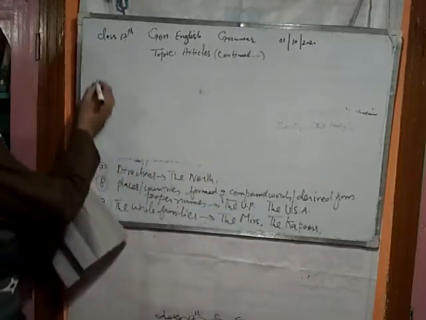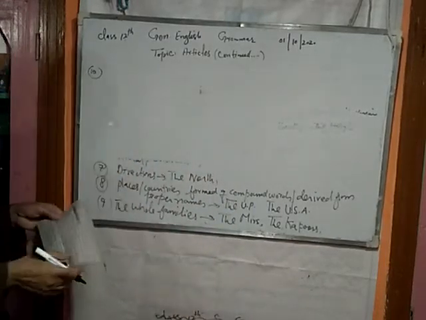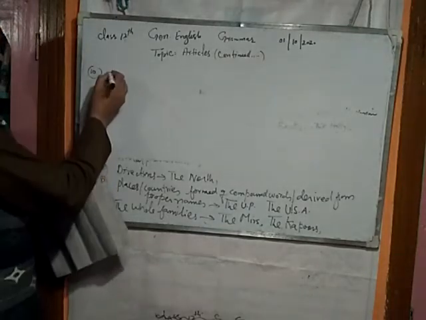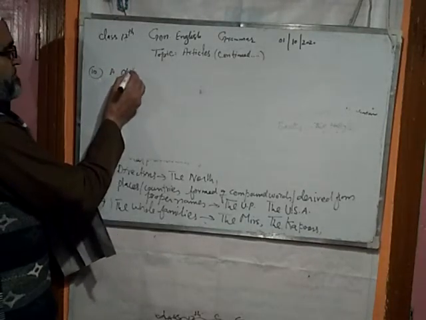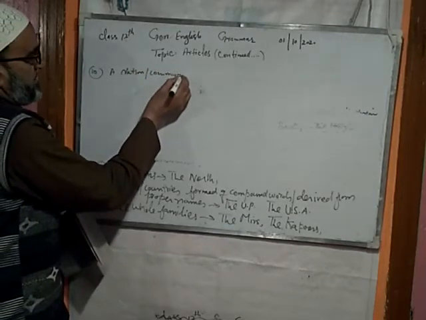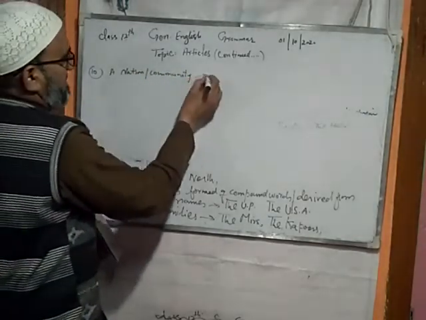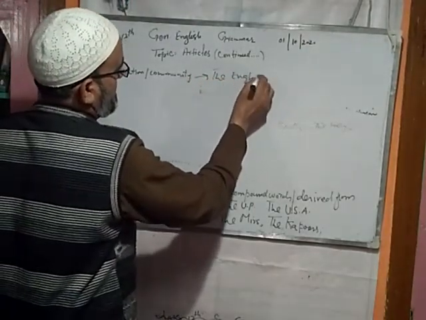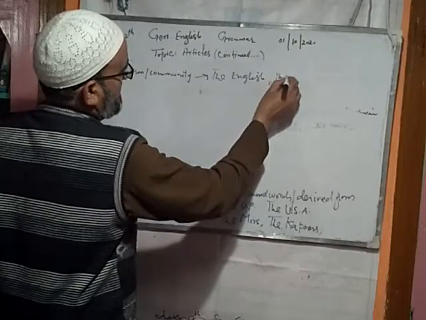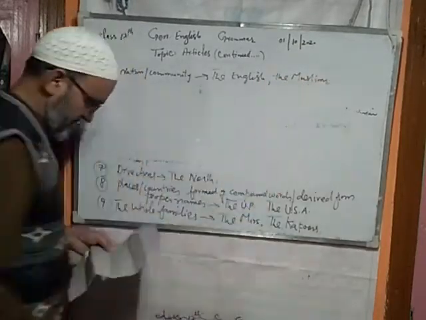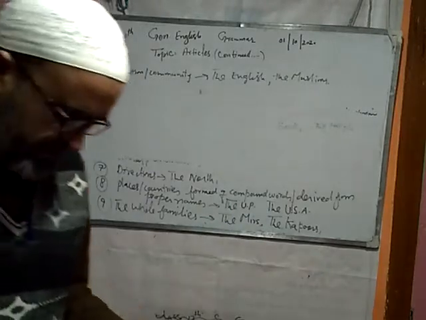Number 10, before the name of a nation or community, for example, the English, the Muslims, the Hindus, the French, etc.